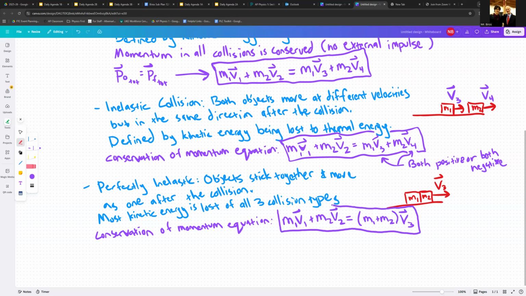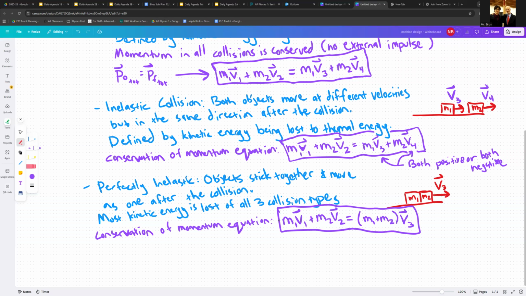So for this conservation equation for perfectly inelastic collisions, again, the right side is the only thing that differs from the previous ones. But for all three conservation equations, it's not so much that you have to exactly memorize what elastic and inelastic look like. We just want to ask the question, what's the total momentum before the collision for object one and object two?